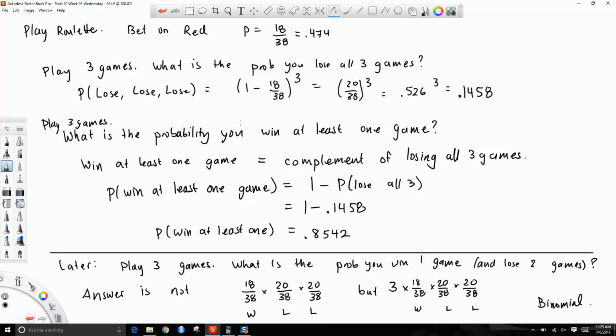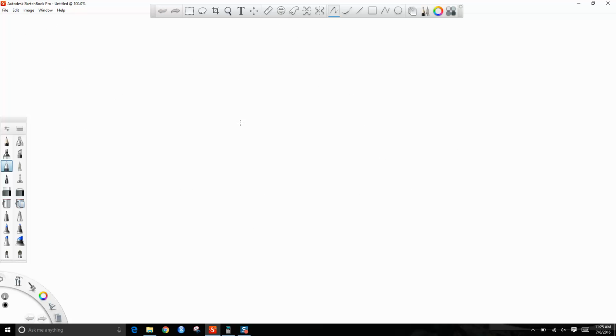Okay, so now I'm going to jump into chapter 6. Chapter 6 covers probability distributions.